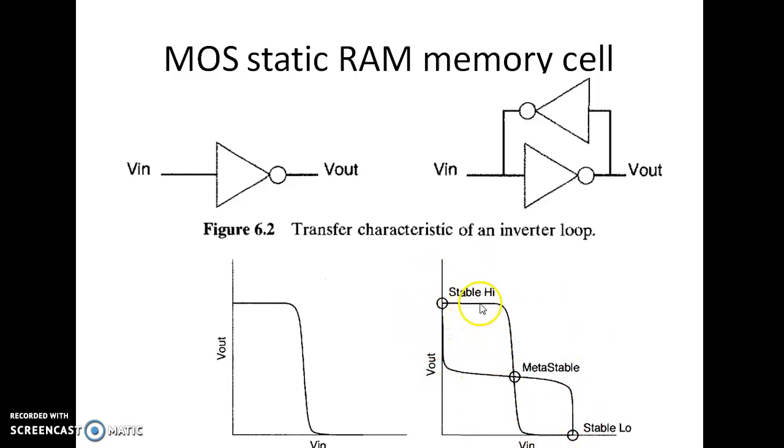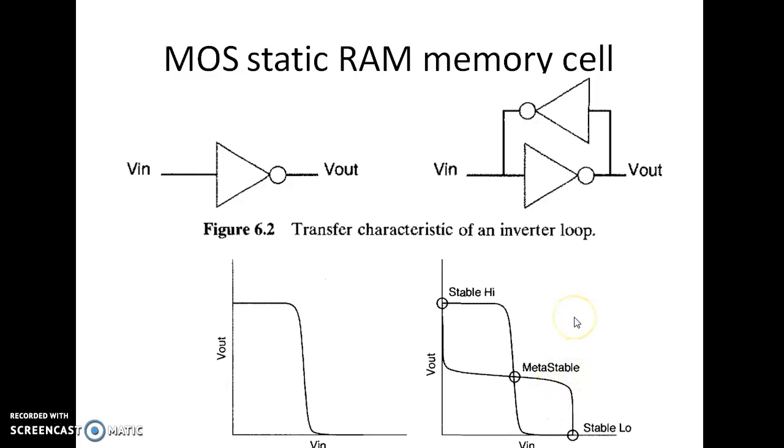This would be the first inverter characteristic, and for the second inverter, this would be overlapping. The output becomes the input for the second inverter. When the input is 0, output is high, and when you increase the input, the output becomes 0. So this output becomes the input to the second inverter, and this is the actual input given to the first inverter. So we are just overlapping the two transfer characteristics.